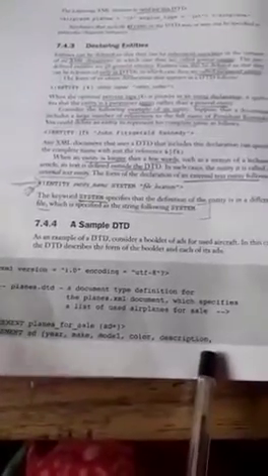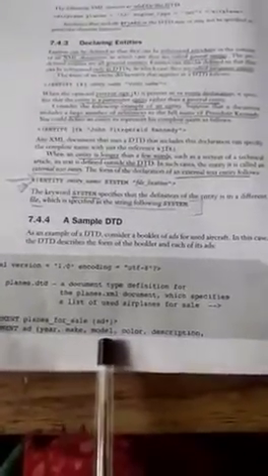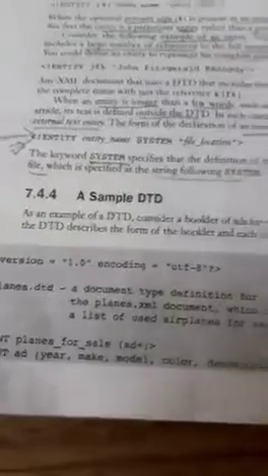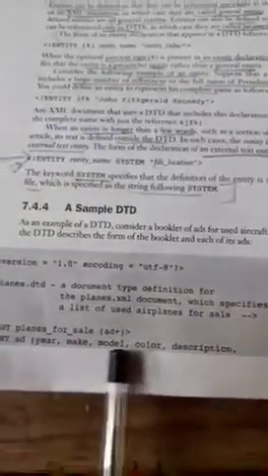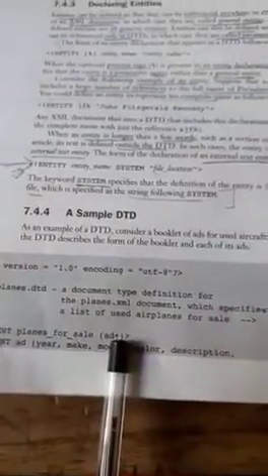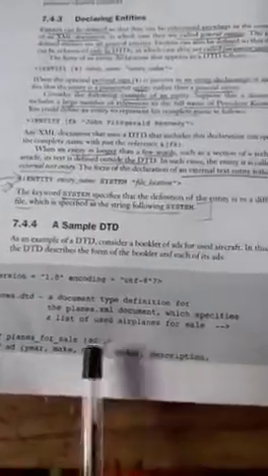What are the child elements in the advertisement ad: year, make, model, color, description, price, seller and location. Here you can see the element declaration with modifiers. This is the plus modifier. Plus means one or more occurrences will be there, and the question mark means it will occur only once, that is, one or no occurrences.